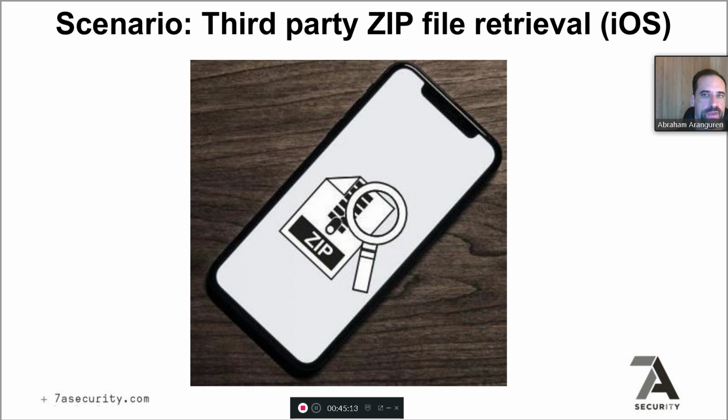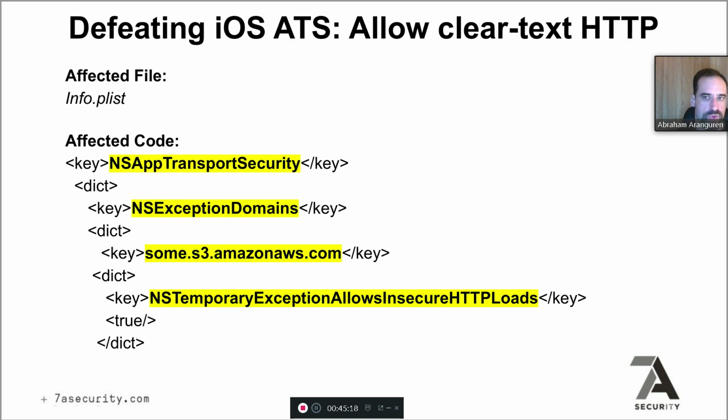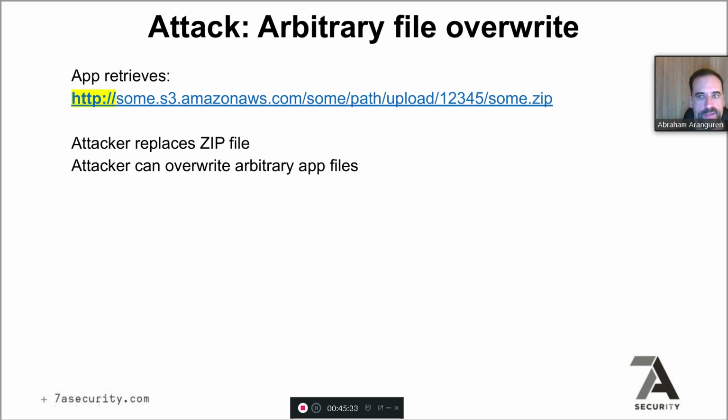Another example, zip file retrieval, right? So we have an Info.plist with an insecure App Transport Security exception. So this is a hint that the application somehow requires clear text HTTP traffic to some Amazon domain.